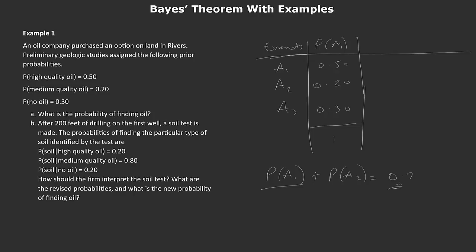One thing that may come to your mind is, how do companies come across these marginal probabilities? Well, it's easy. Let's say, for example, you have a company that has drilled 100 wells. Of the 100 wells, they've found, let's say, 20 high quality oil, 50 medium quality oil, and maybe 30 cases, no oil at all.